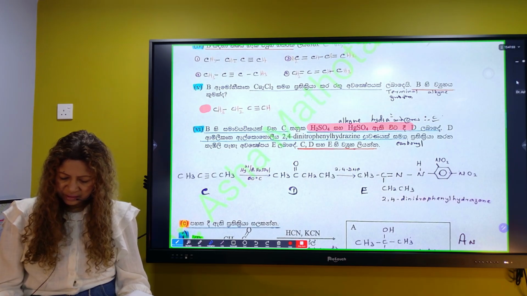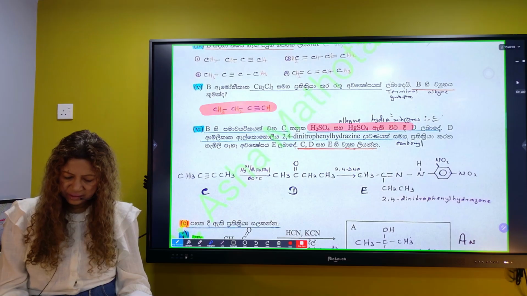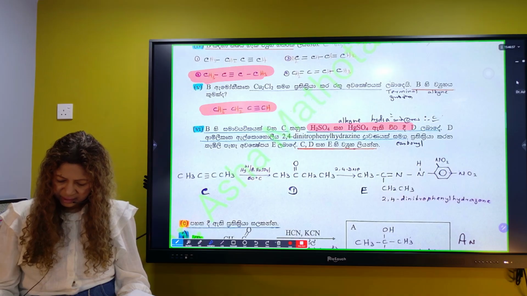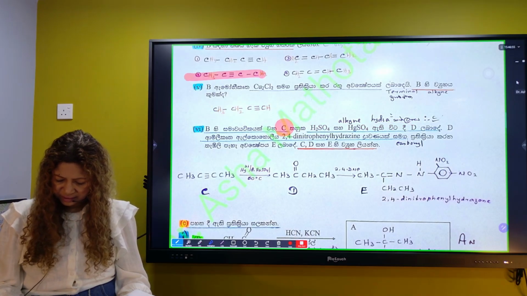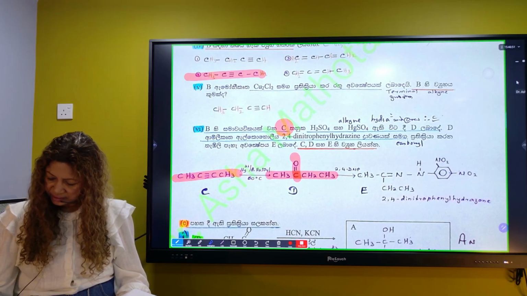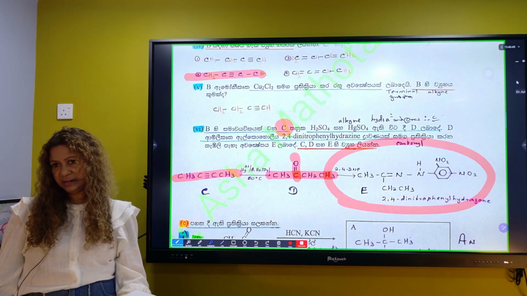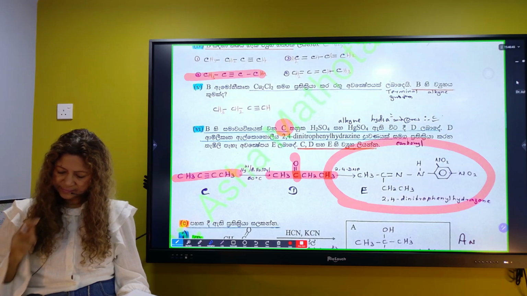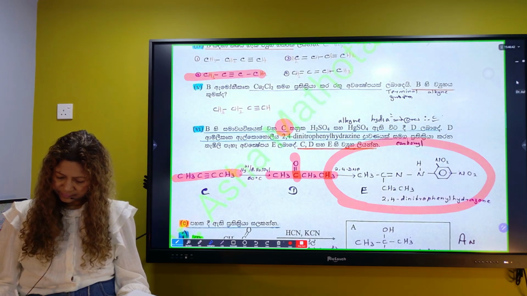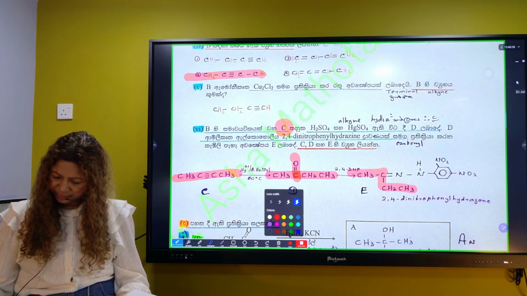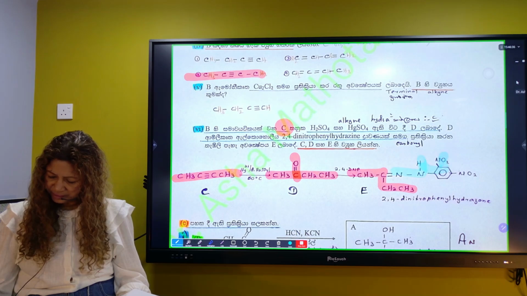So this is B, then this is supposed to be C. This actually is C then. And this is alkyne hydration, and this is the gray. See, they are asking that. You're supposed to have the memory of 2,4-DNP. This is the 2,4-DNP part.